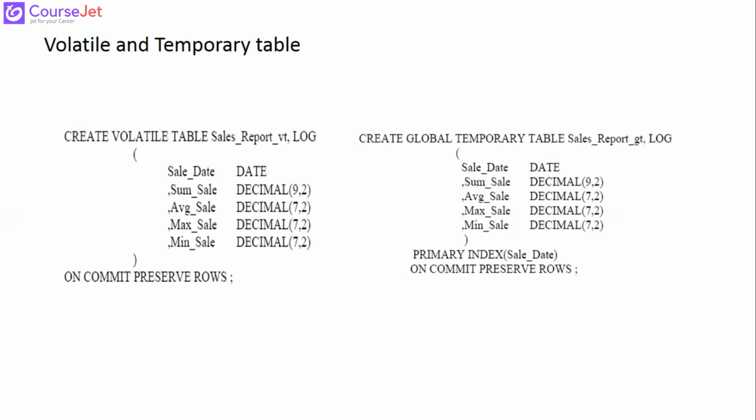If you're doing it from the ETL, the create DDL and the insert, everything should be in the same session. In case you create it in a different session and try to load from another session, it will fail.